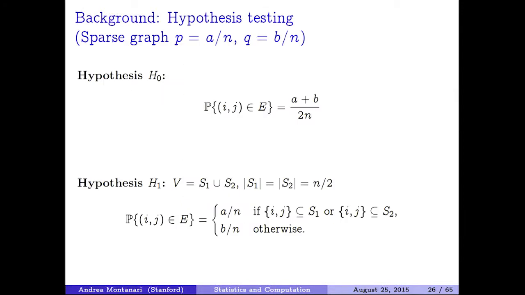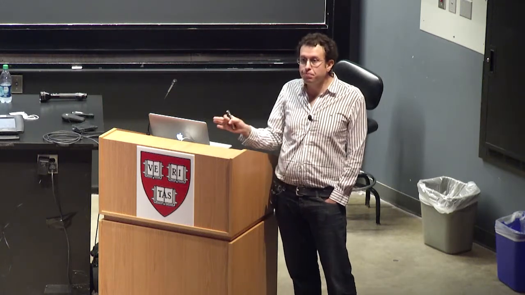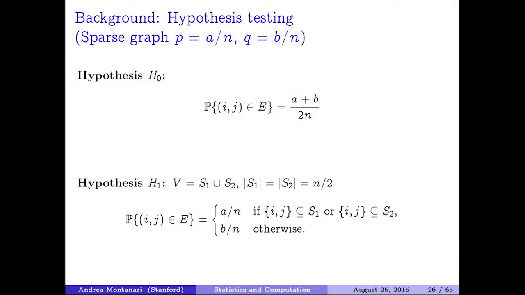And formally what I'll talk about is the hypothesis testing version of this problem. Okay? You can formalize it in many ways, but this is one possible way, as a hypothesis testing problem where you have two possible distributions. Under hypothesis 0, P0, all edges are present with the same probability independently.